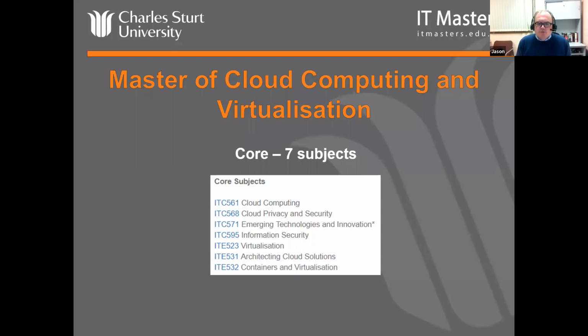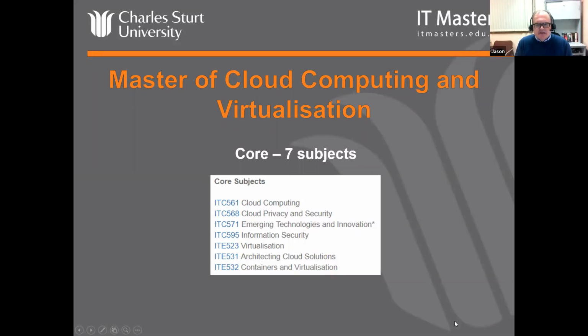And it also helps you to prepare for the VMware Certified Professional certification. So there's that double whammy of getting a university degree, but also preparing for industry certs. ITE 531, the subject you're doing now, is a subset of that, and helps you prepare for the AWS Certified Solutions Architect certification.